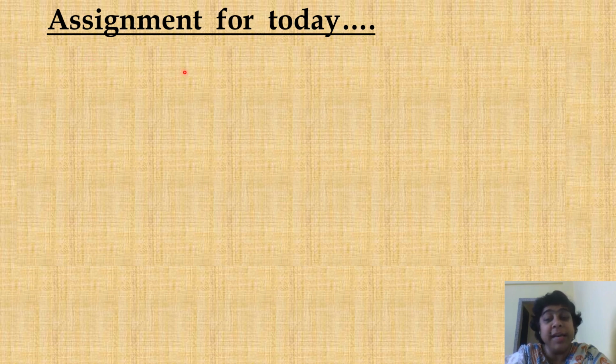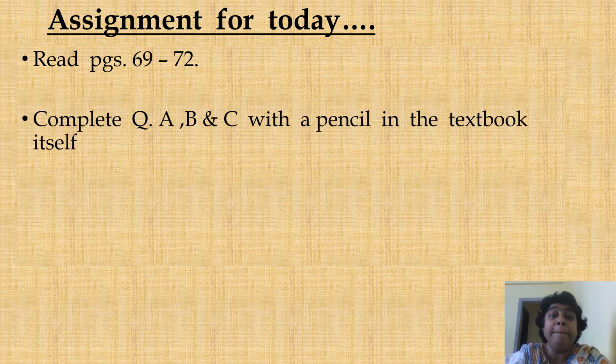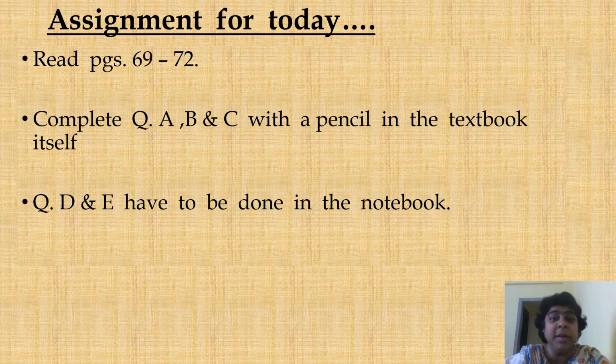So children, the assignment for today will be: read pages 69 to 72. That is lesson number 8, the full lesson. Complete questions A, B and C with a pencil in the textbook itself. Okay children?